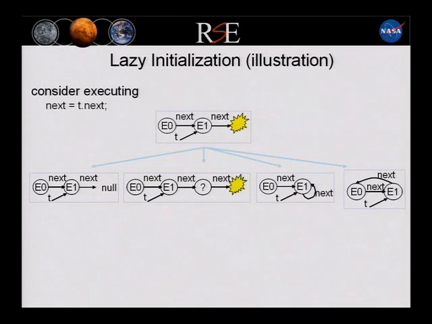So for example, here we will have 4 possible configurations: one corresponding to null, another one to a new node with unconstrained elements, and then also 2 configurations corresponding to some circularity in the input list. Then, as I said, it will apply the normal Java semantics. So now, because next is initialized, it can do next = t.next, because t.next is defined.